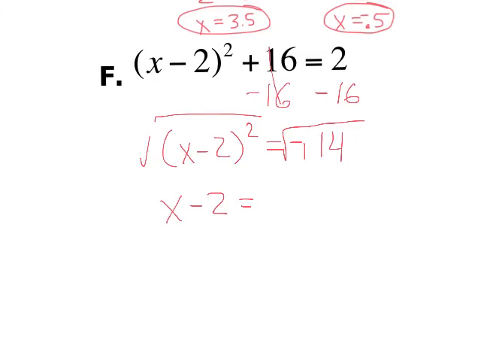What? Error. Yeah, you can't square root a negative, right? But it could be plus or minus. So since I can't take the square root of a negative number, what's my answer here? No solution.